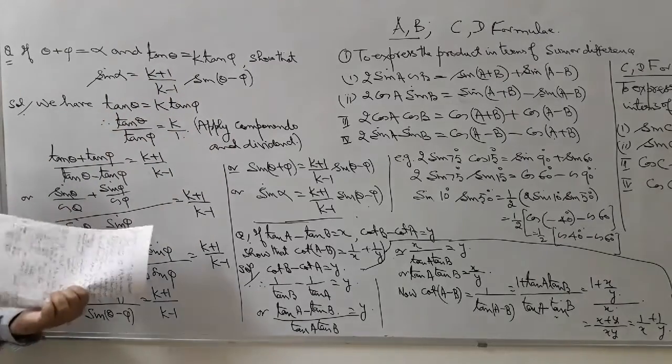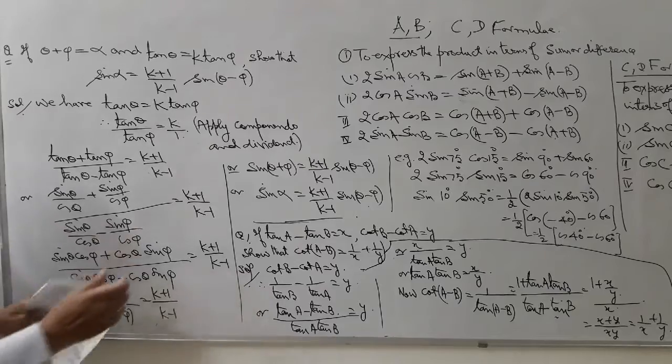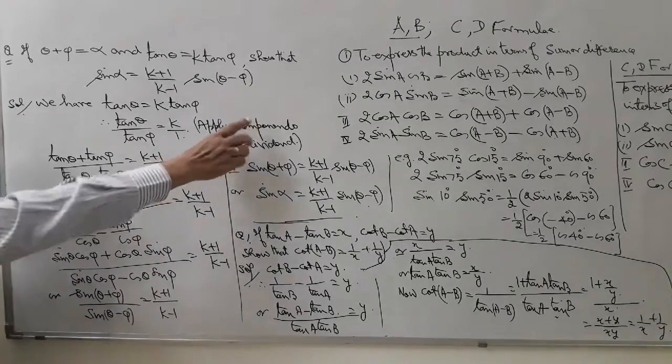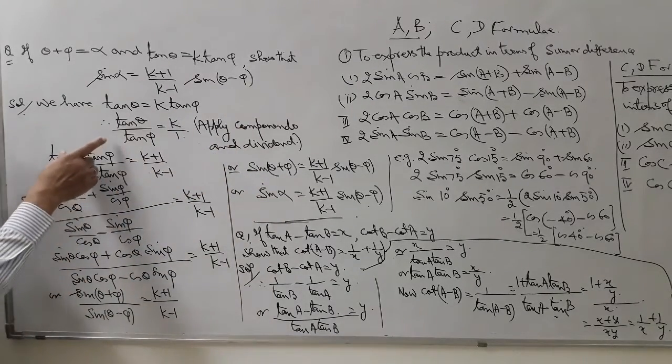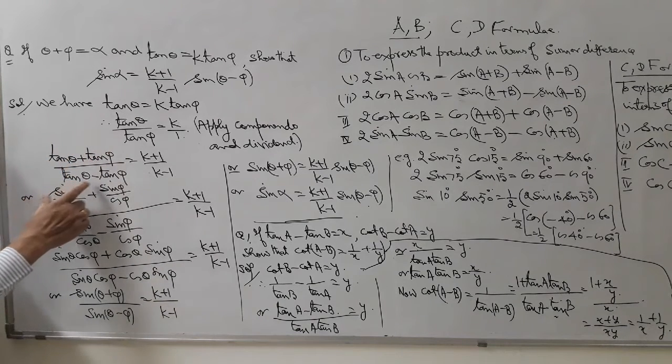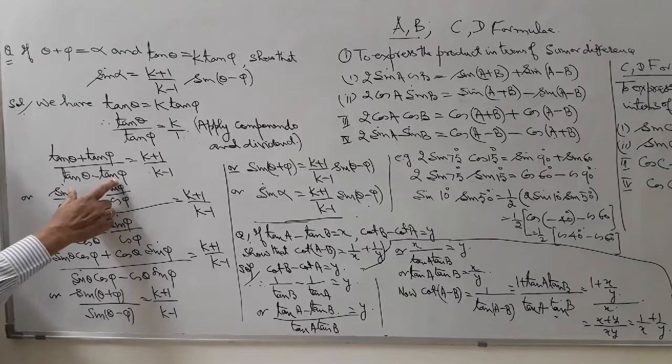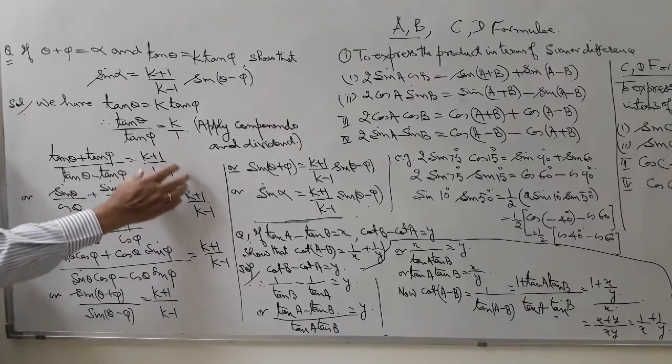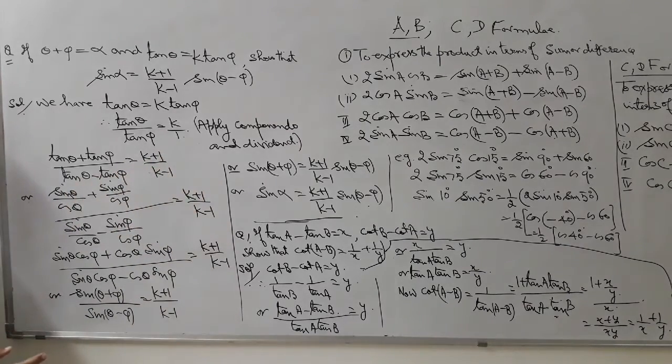So for that we will have to apply componendo dividendo. See here, tan theta plus tan phi over tan theta minus tan phi is k plus 1 over k minus 1. This is only by componendo dividendo.